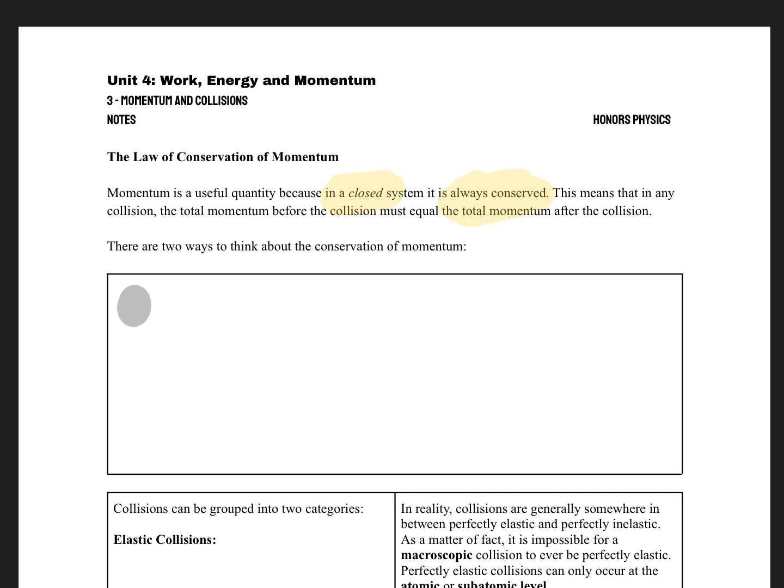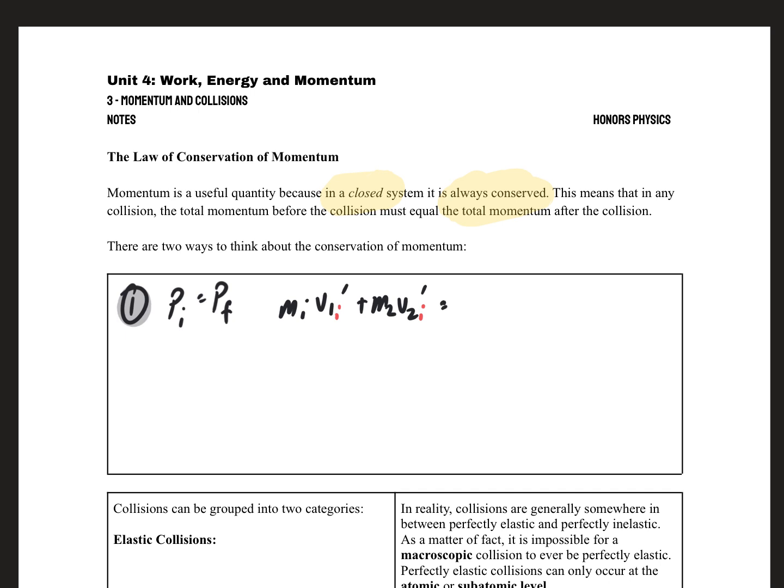The first way is that the initial momentum must equal the final momentum. And so one way to think about it is this. I can have, let's say, M1 V1 prime plus M2 V2 prime. These will all be the initial things, right?